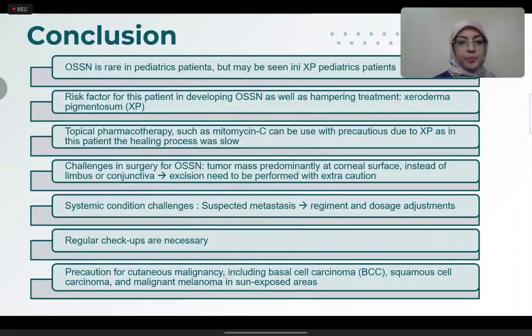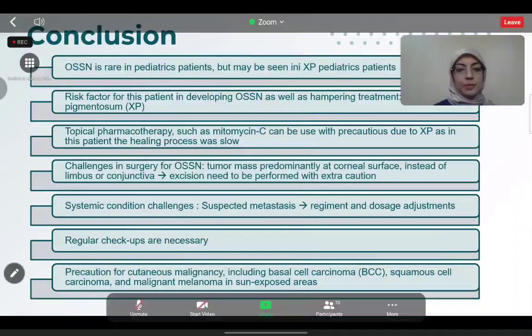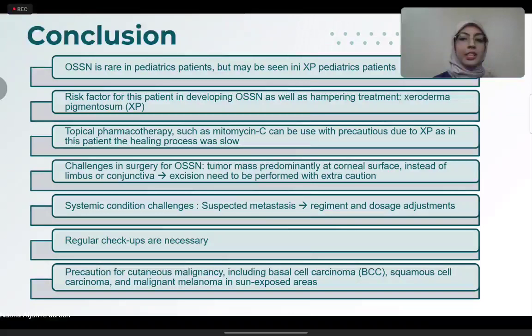So in conclusion, OSSN is rare in pediatric cases, but may be seen in XP patients. In this patient, the risk factor for developing OSSN, as well as the risk of hampering the treatment, is the condition of xeroderma pigmentosum itself.